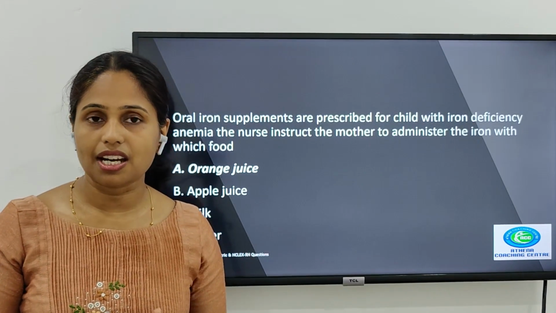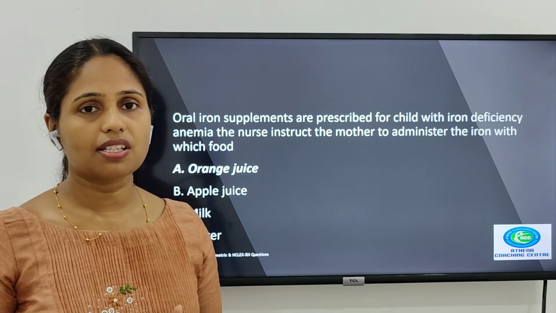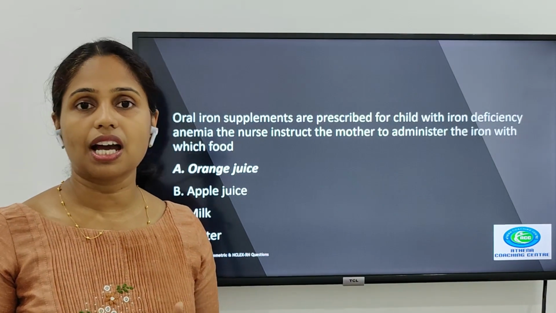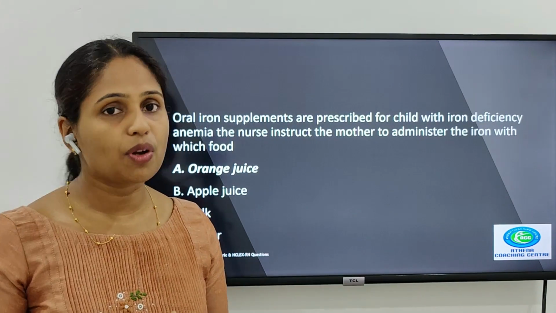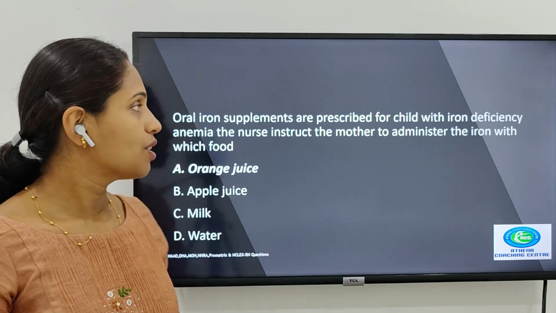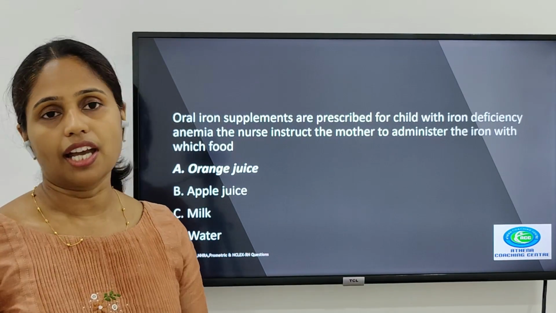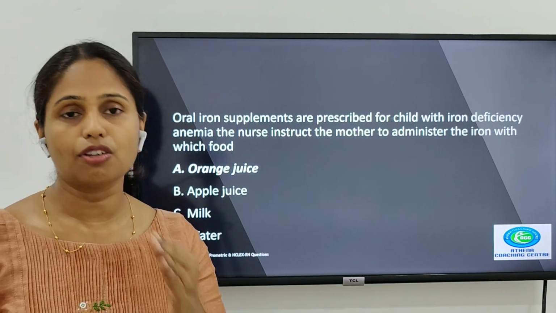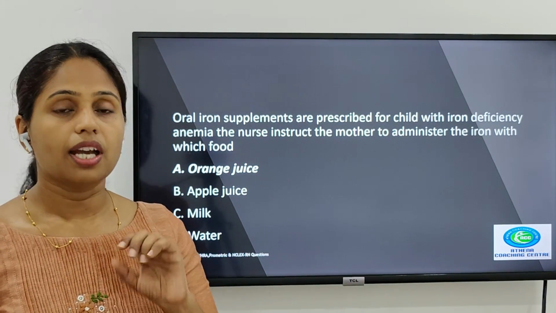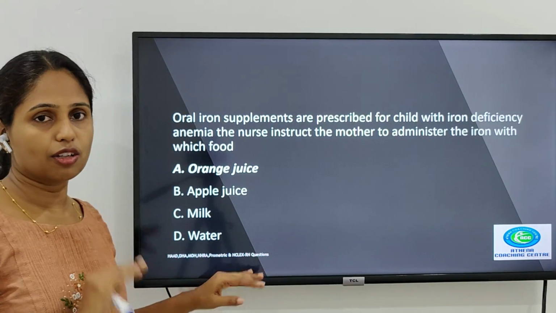The question is content based. For example, it could be a disease condition, it could be related to a diet, or to nursing assessment, the nursing process, and various other things. Here it is diet related: iron deficiency anemia, the patient needs iron replacement, and the food is vitamin C. So please select a vitamin C content food.